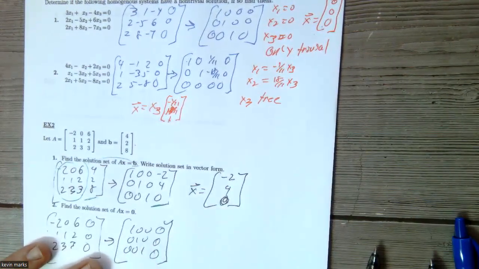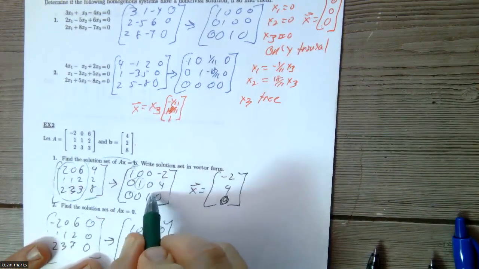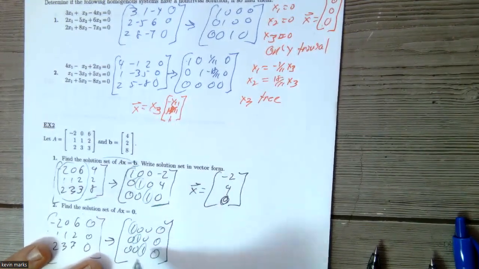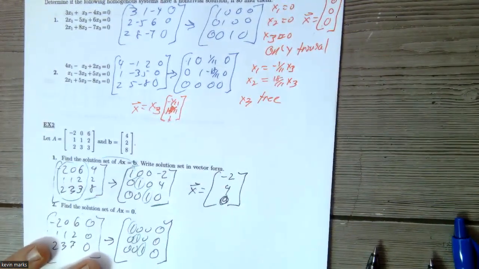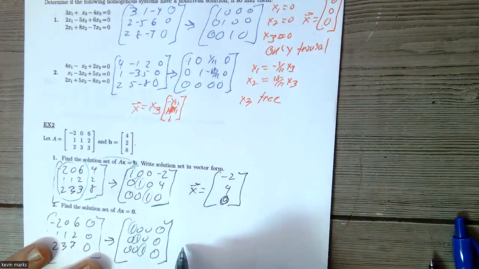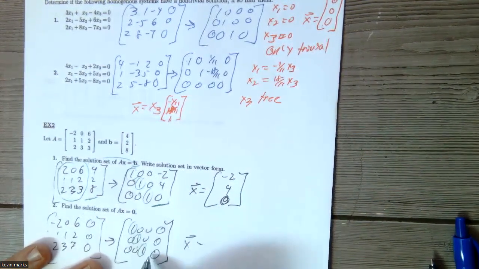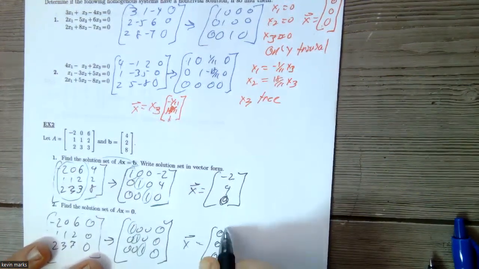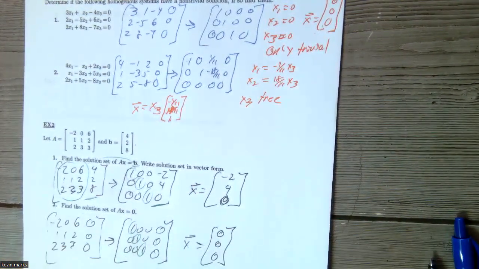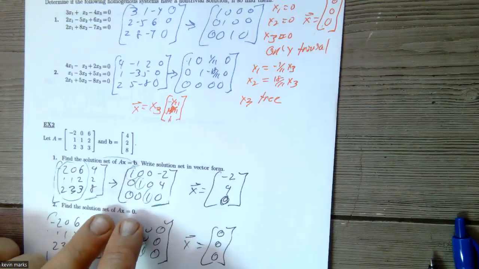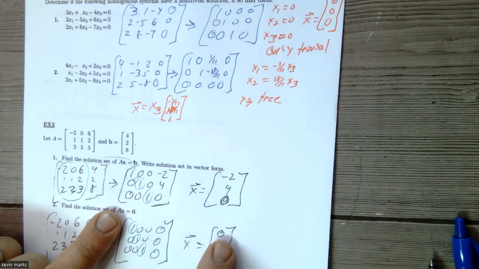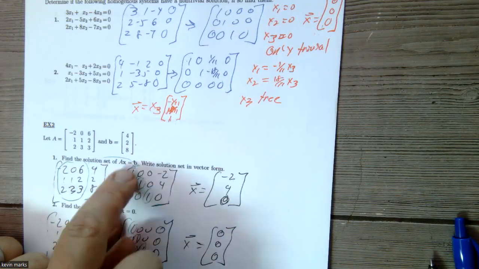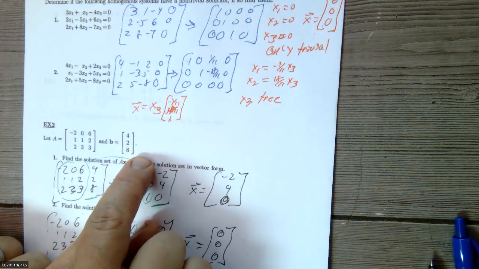So the key here is, since all three of these are pivots, if I augment it with 0 instead of anything else, you're still going to end up with the same ones across. And then you can just read off 0, 0, 0. Hopefully you can see where this is going, these two things together. If the homogeneous system has only the trivial solution, then what does that mean about any vector I try to augment it with?